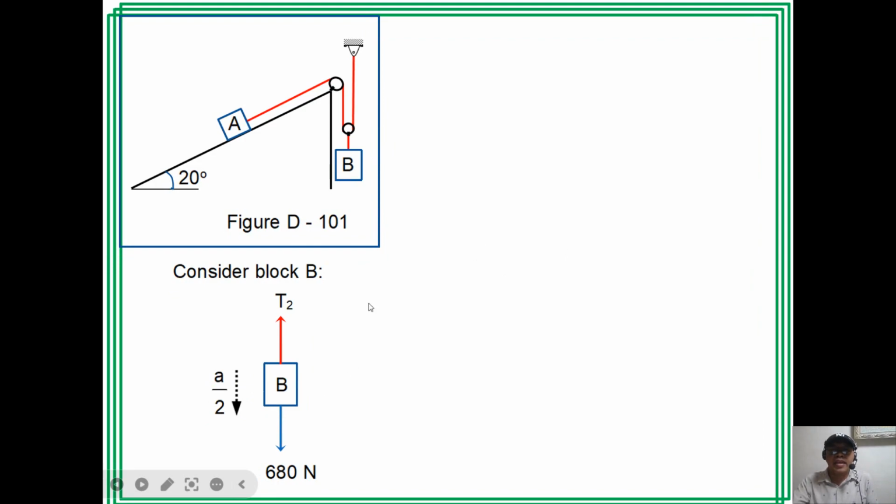Then, we can apply Newton's second law. So, of course, this is accelerated downward. So, 680 is greater than T2. So, the difference, 680 minus T2, is equal to mass times acceleration. But take note, the acceleration of block B is only a over 2. So, 680 minus T2 equal to 680 over G times a over 2.